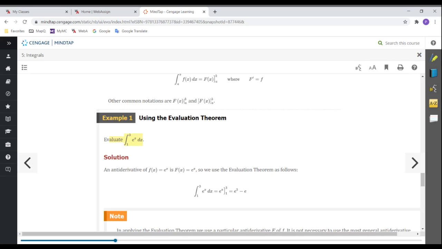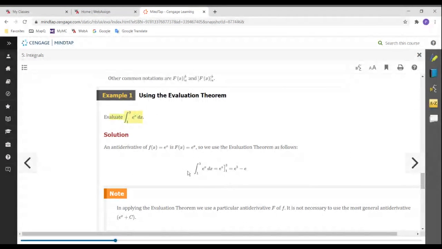They did evaluate it, but they said they used a computer algebra system. Well, we don't need that. All we need to use is the evaluation theorem.